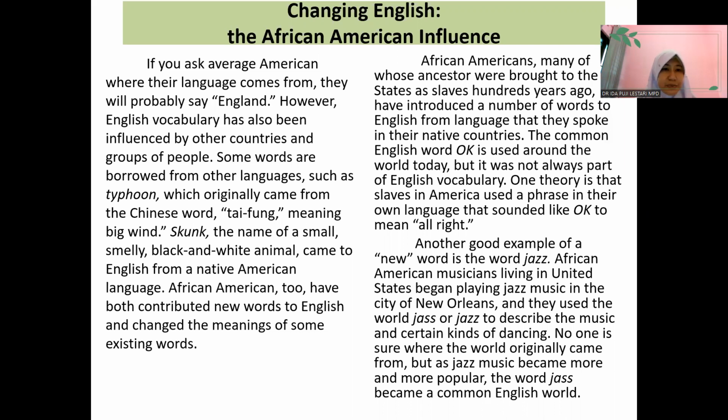Some words are borrowed from other languages, such as typhoon, which originally comes from the Chinese word meaning big wind. And skunk, the name of a small, smelly, black and white animal, came to English from a Native American language. African Americans too have both contributed new words to English and changed the meaning of some existing words.